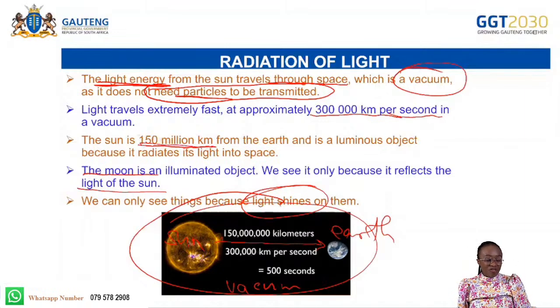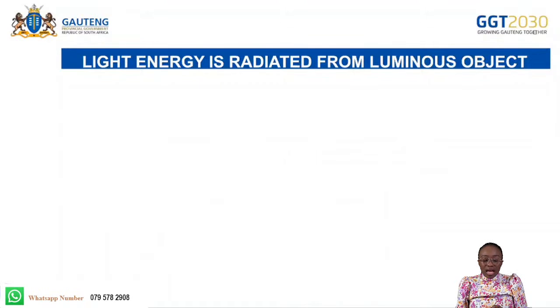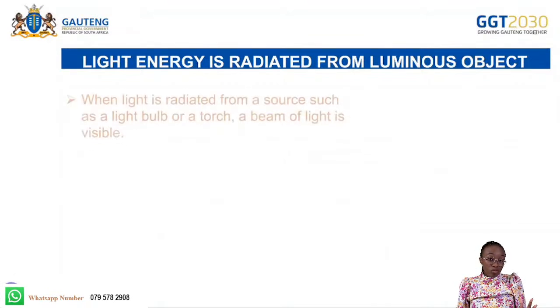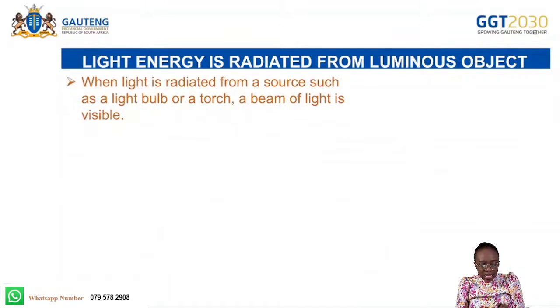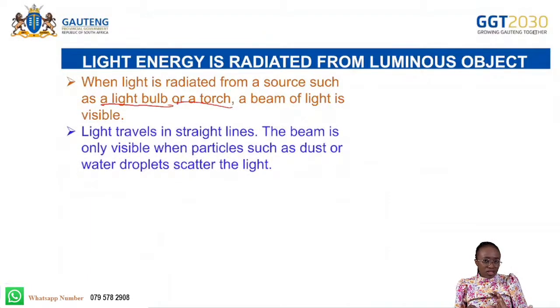That is your thought. Now, light energy is radiated from luminous objects. So when light is radiated from a source such as a light bulb or a torch, a beam of light can be seen as visible. If you're in total darkness and you're holding a torch and light is being radiated from that torch, you are able to see a beam of light.